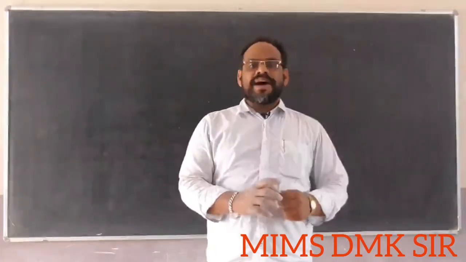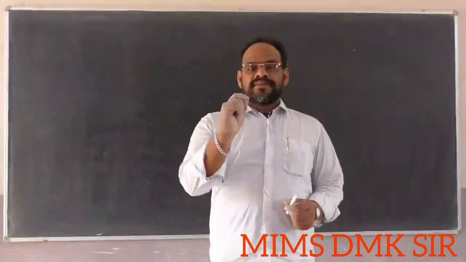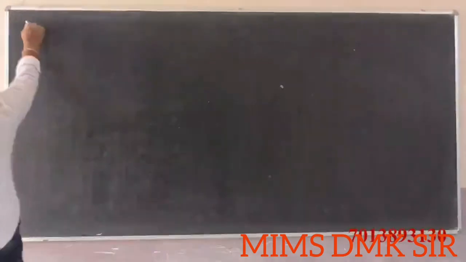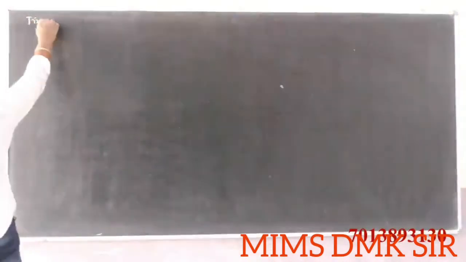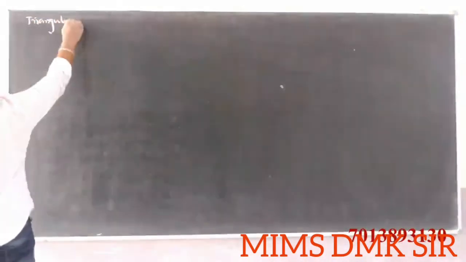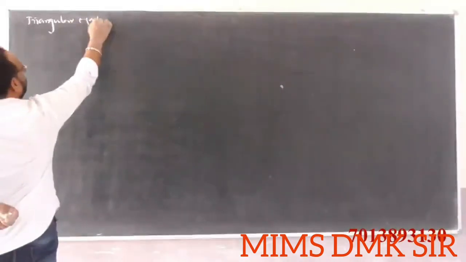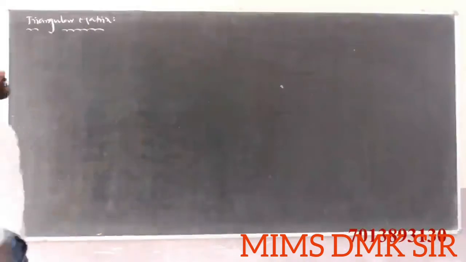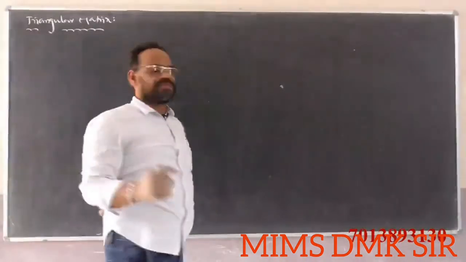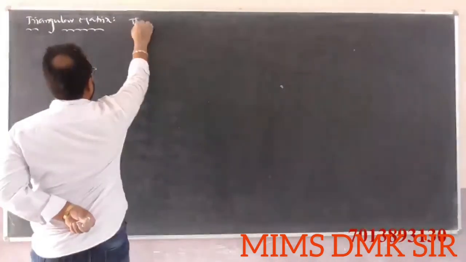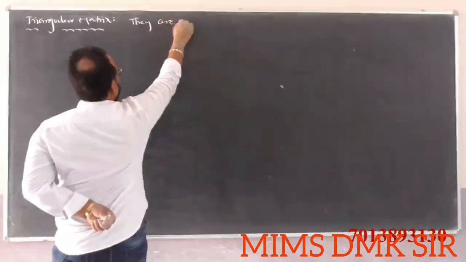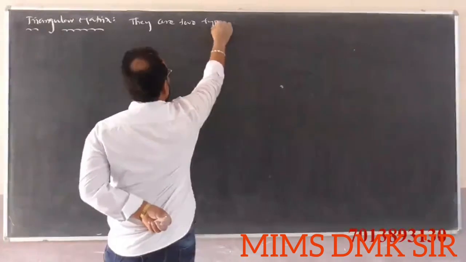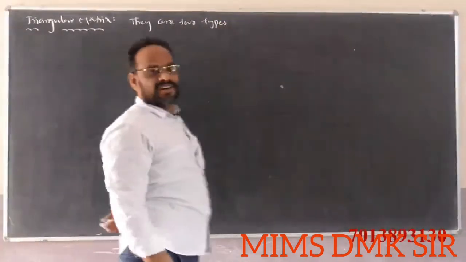Among the types of matrices, next is the triangular matrix. Triangular matrices are of two types.